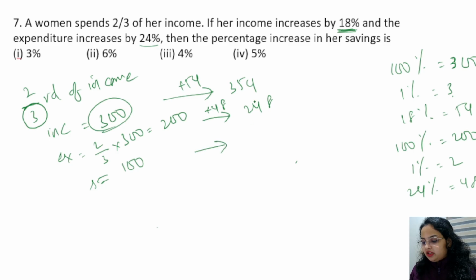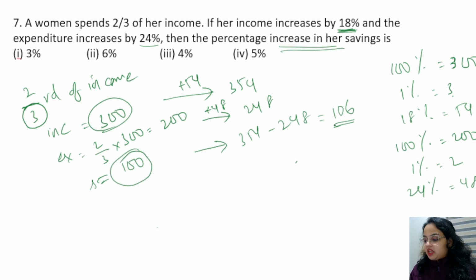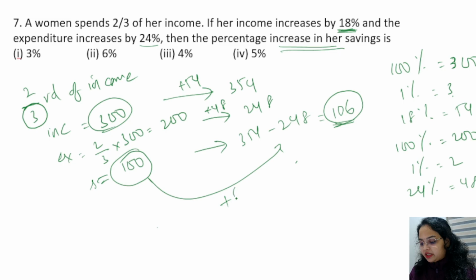So what is the savings here? It is 354 minus 248, it is 106. 106 is the new savings. What is the percentage increase in the savings? Before it was 100, later it became 106. So there is an increase of 6%. 6% increase is the answer.